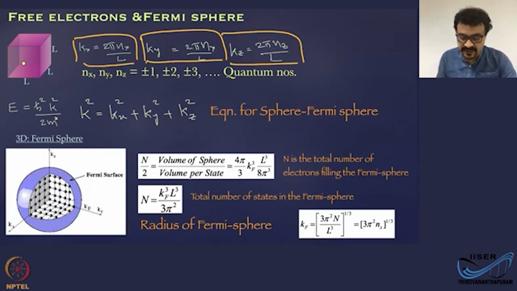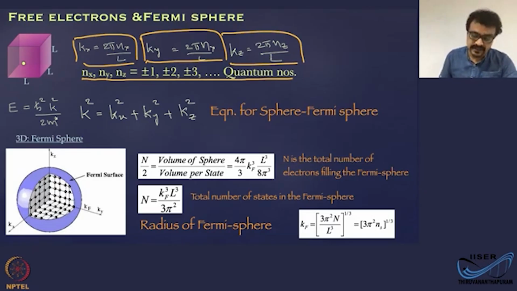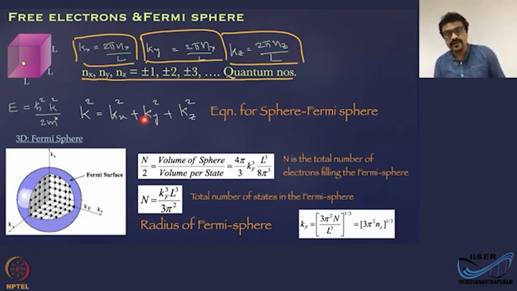Where nx, ny and nz are quantum numbers. The total energy is h bar square k square by 2m. It is only the kinetic energy. There is no potential energy because the assumption is the potential energy inside the box is 0, where k square is given by kx square plus ky square plus kz square.